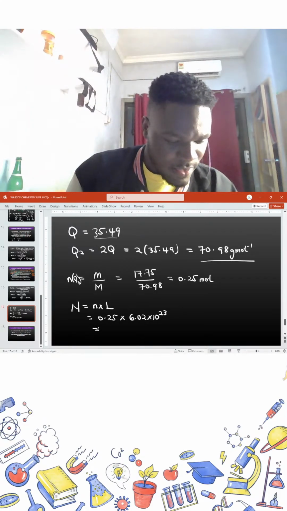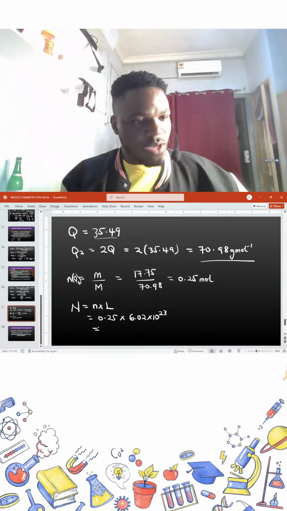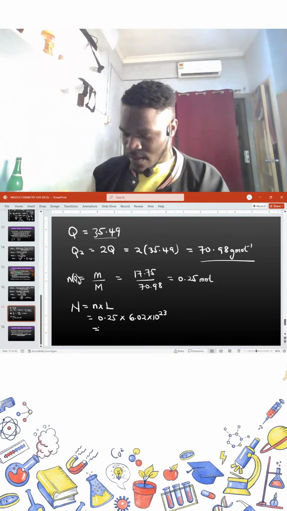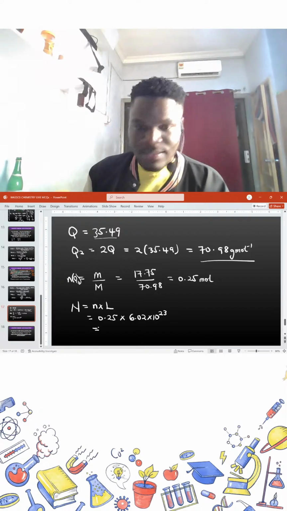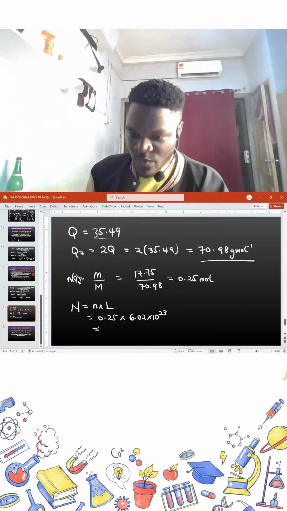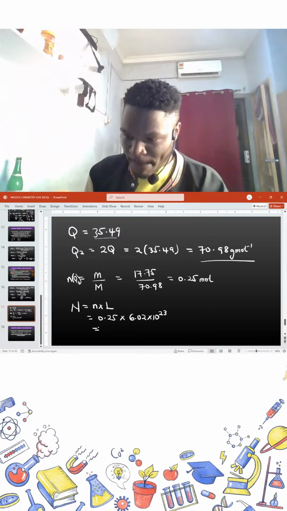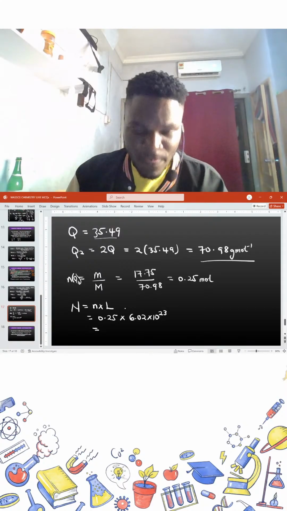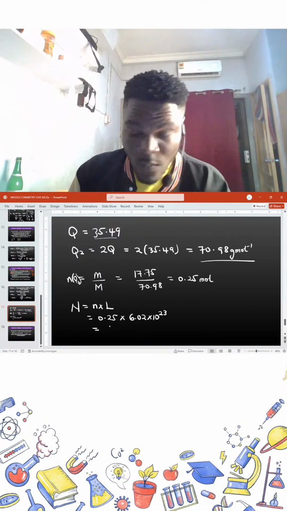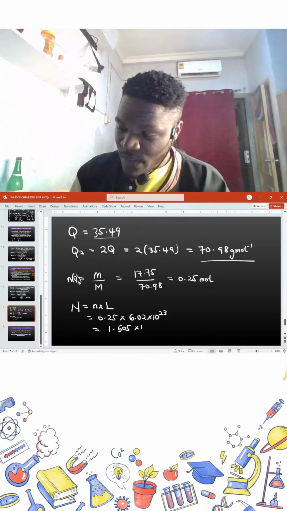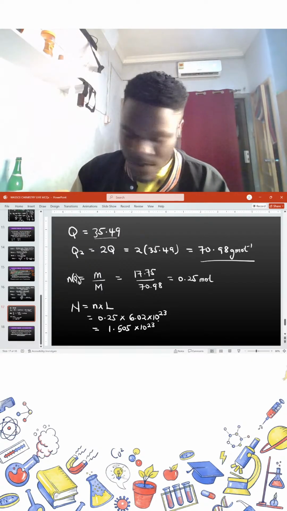Okay, so if I do that multiplication, 0.25 multiplied by 6.02 times 10 raised to the power 23 will give me 1.505 times 10 raised to the power 23.